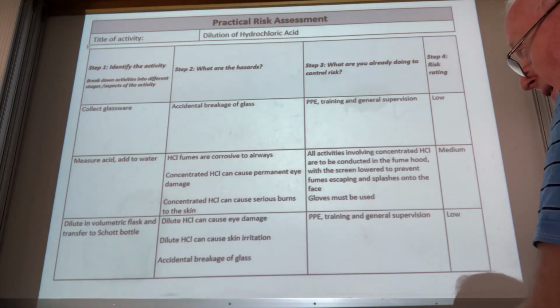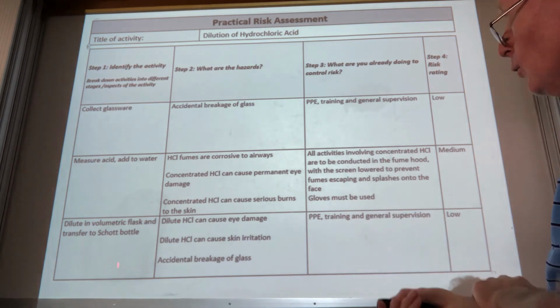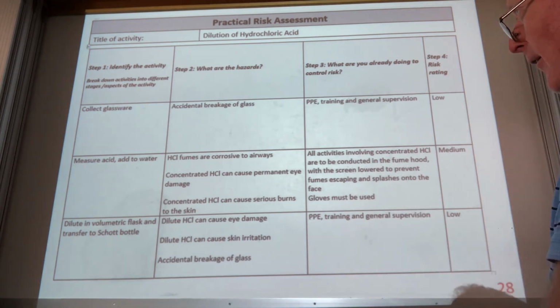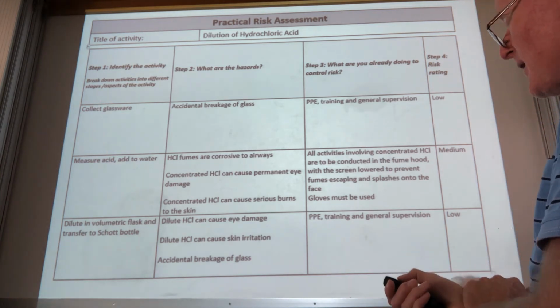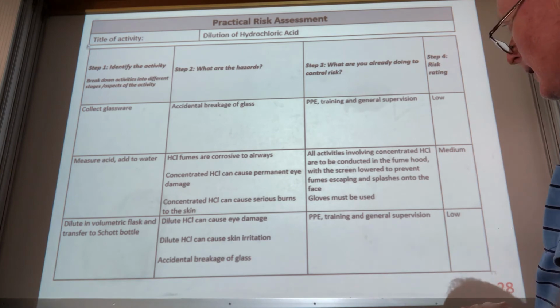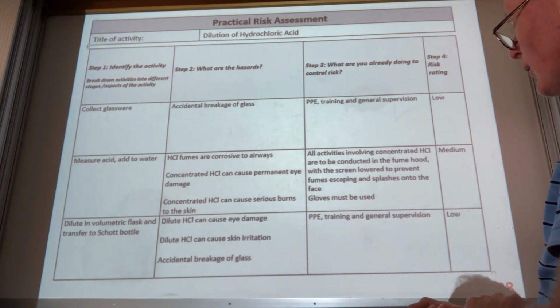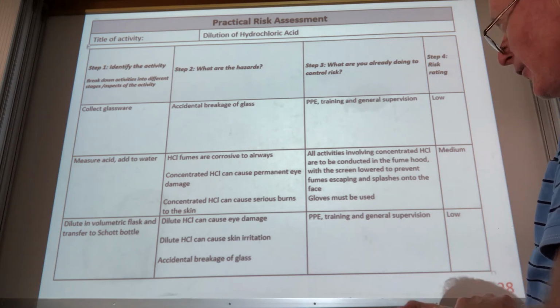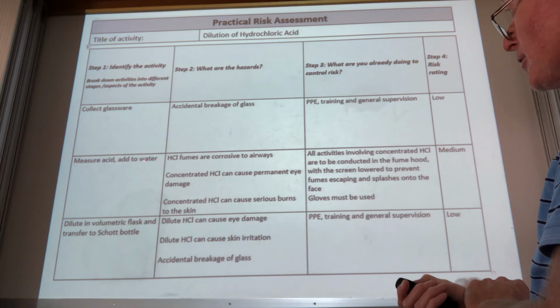So this is the risk assessment that I did. Now, first of all, we just look at the activity that you do. There are three basic phases of it. First of all is the preparation step, where you get all the glassware, probably put some water in, just get organised, ready for the critical step, which is the preparation of the dilution.